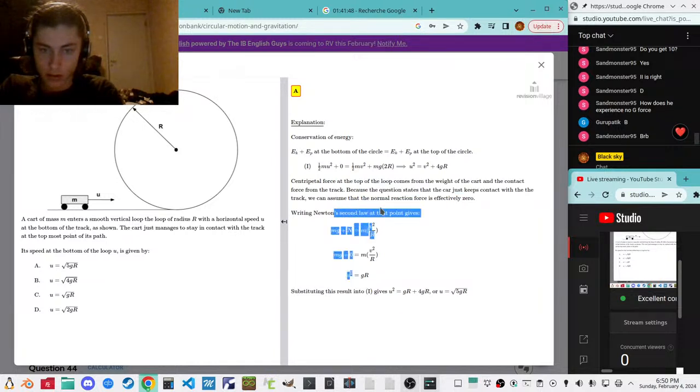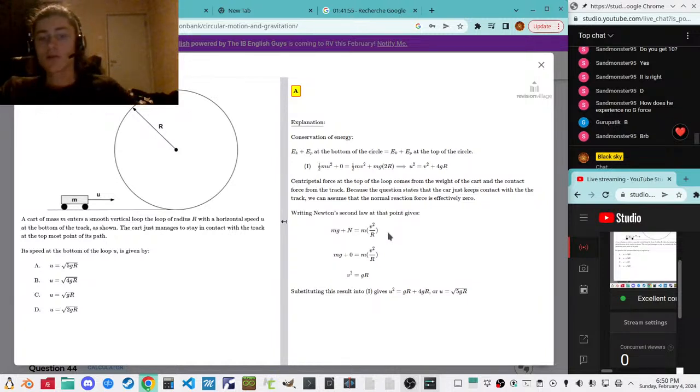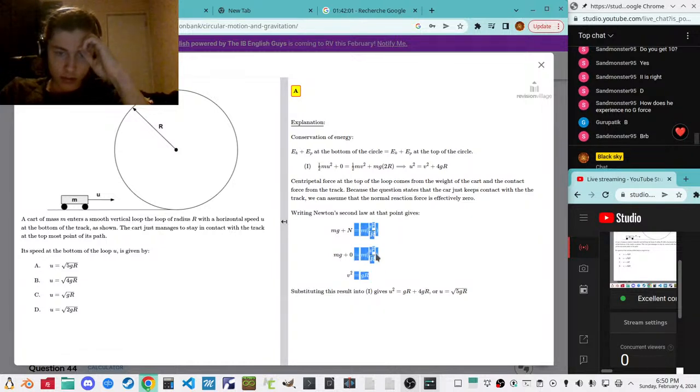Writing the law at that point gives mg plus N equals mv squared over r. mg plus 0. Substituting this result into 1 gives you mg plus N.